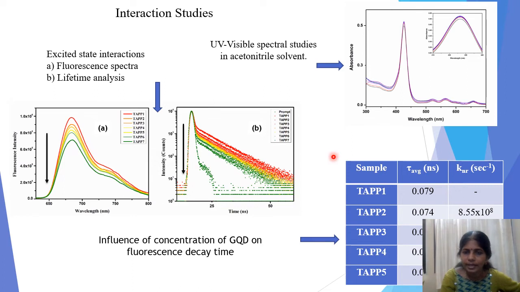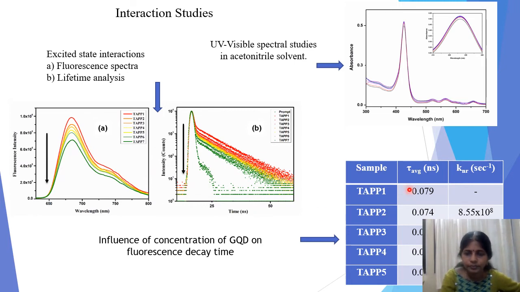The study shows that, as you can see here, there is no considerable change in the UV visible spectrum, which indicates that there is negligible interaction between the GQD and the porphyrin derivative in the ground state, whereas in the excited state, as indicated by the quenching of the fluorescence spectra and also the lifetime decay profile, we can say that there is a considerable, significant interaction between the GQD and the porphyrin system.